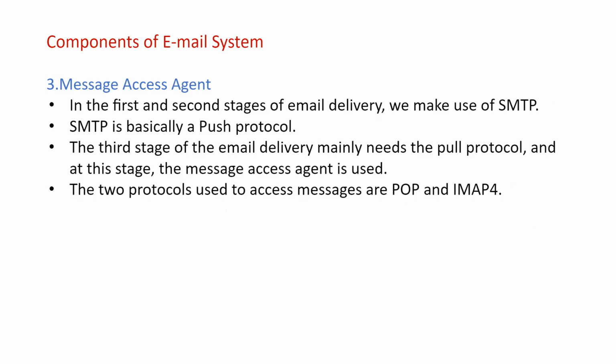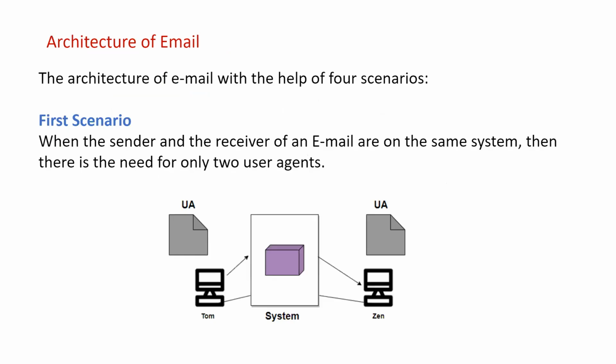So that's what we call the message access agent. The two protocols used to access messages are POP and IMAP4. And you can see here the architecture of the email.